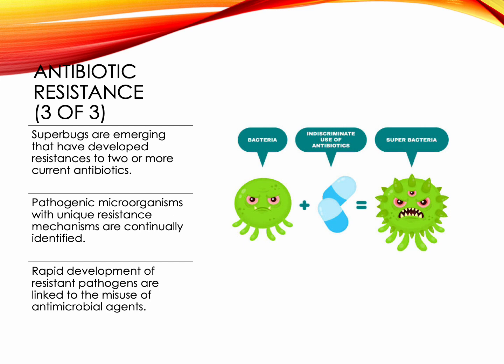Even more concerning is the emergence of what we call superbugs. Now, superbugs are typically resistant to 2 or more antibiotics, and some superbugs are resistant to up to 6 antibiotics. A strain of tubercle bacillus, which is a bacteria that causes TB, is resistant to several types of antibiotics.